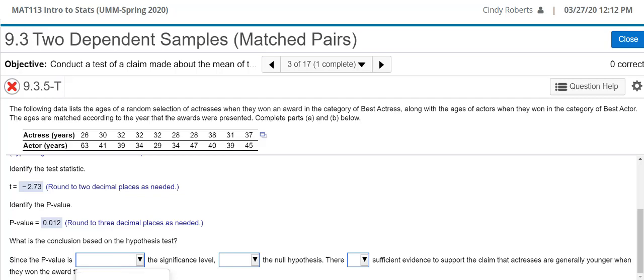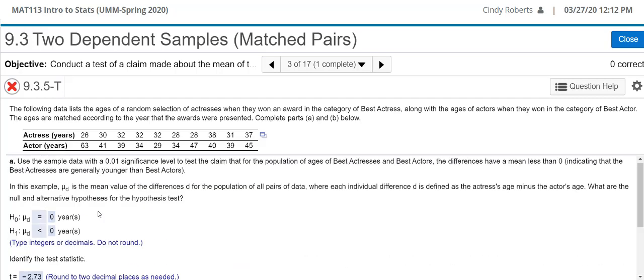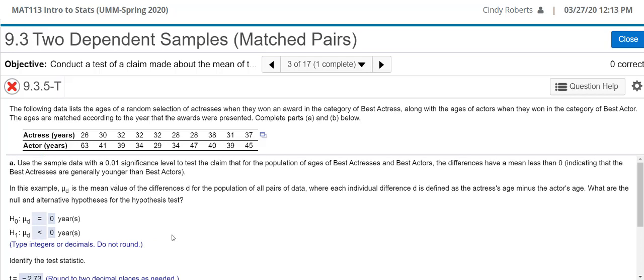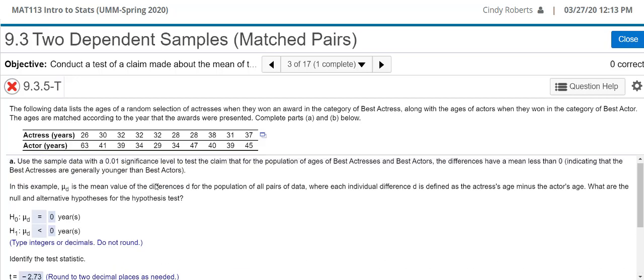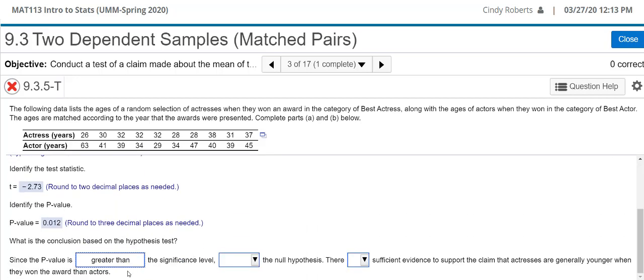So since the p-value is less than or equal, wait, what's our significance? 0.01. So the p-value is a little bit, not a lot, greater than our level of significance. If the p-value is greater than the significance level, we cannot reject the null.